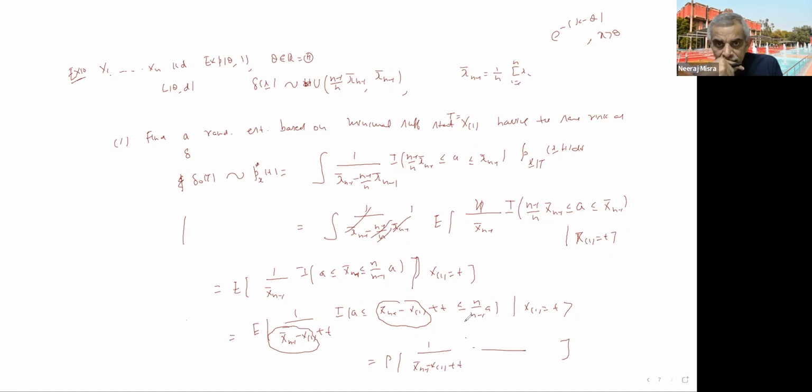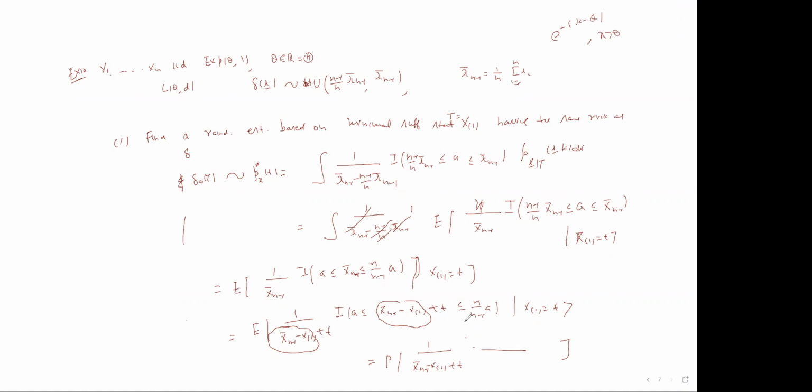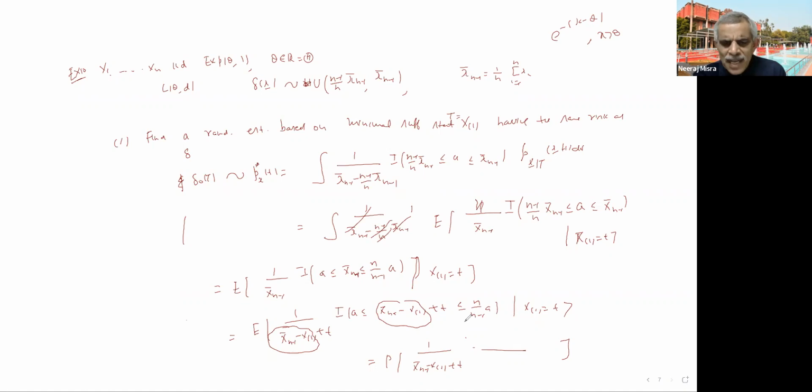Still, it is not clear, or is it clear to some extent, or should I further elaborate on this concept? No, sir, clear now. Yeah, the idea is that sometimes integrating out the PDF turns out to be complicated.